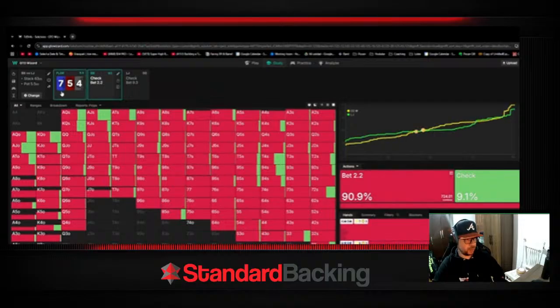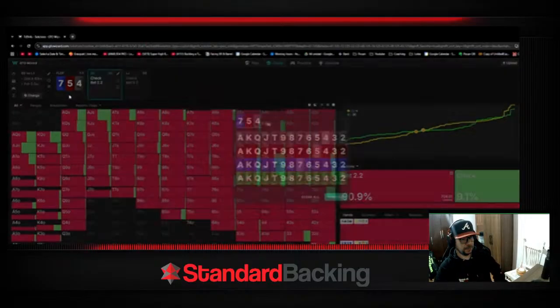In the other scenario, like with 5-5-3, 5-5-2, it's a huge size because now our range is going to be polar. It's going to be a lot of huge hands with the 5, or hands that have some backdoor equity. So that's why we choose this size.